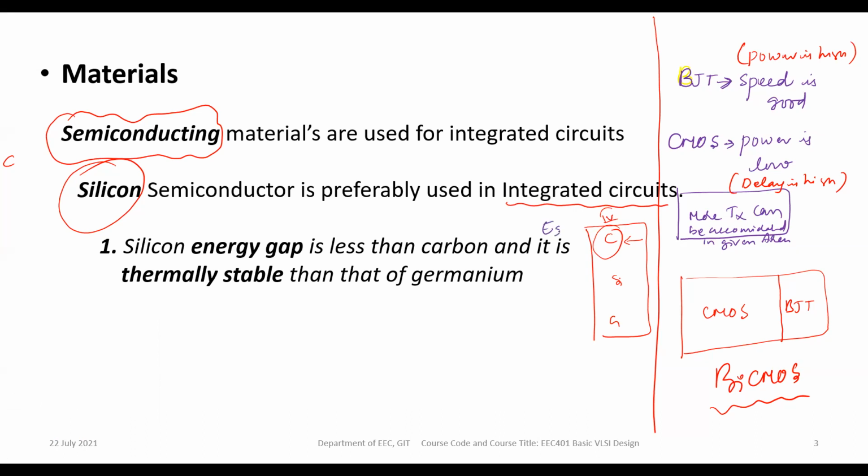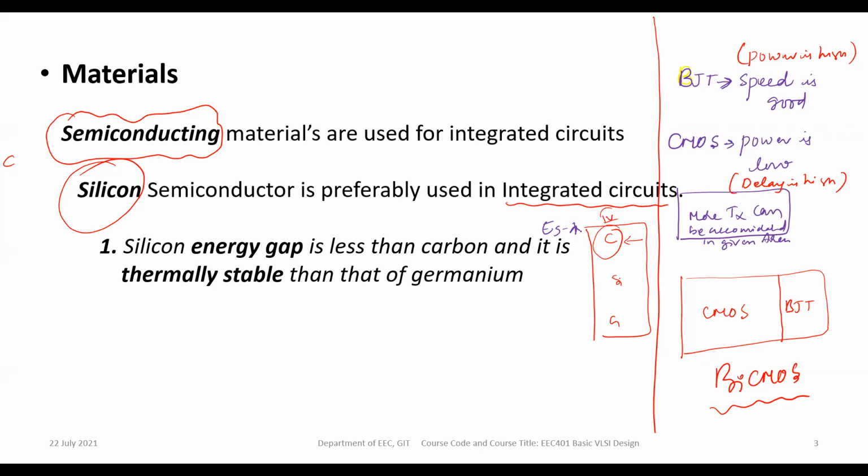If the energy gap is very high, it means we have to apply more potential to make the carbon atoms active or conductive. Therefore, since the energy gap is very high, even though the thermal stability is good for carbon, we don't prefer carbon as a semiconducting material for integrated circuits.